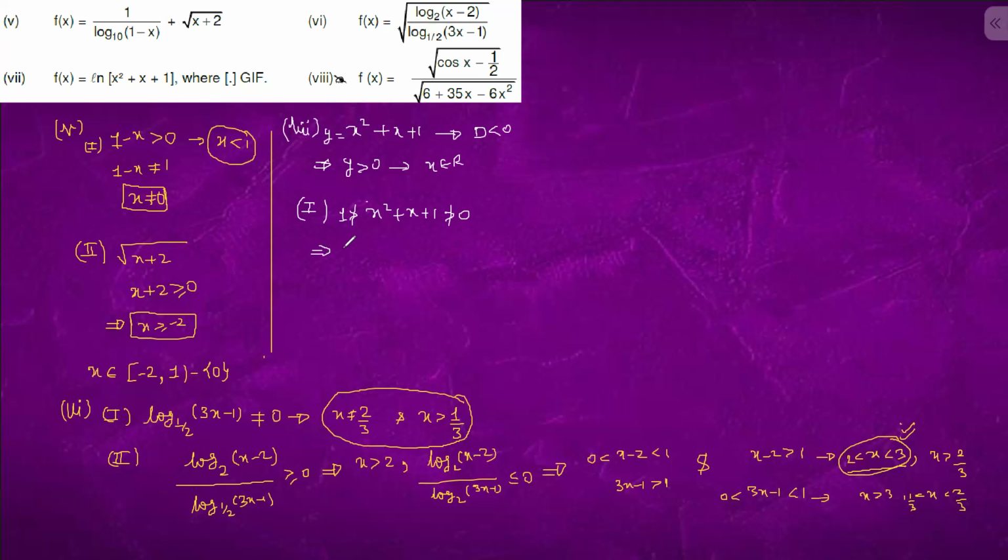So x square plus x plus 1 bigger than 0 is valid for all x belongs to R, and x square plus x less than 0 means x belongs to minus 1 to 0. So it should not be. So x belongs to R minus (-1, 0). This is the domain.